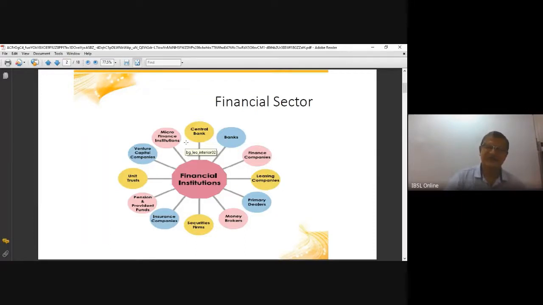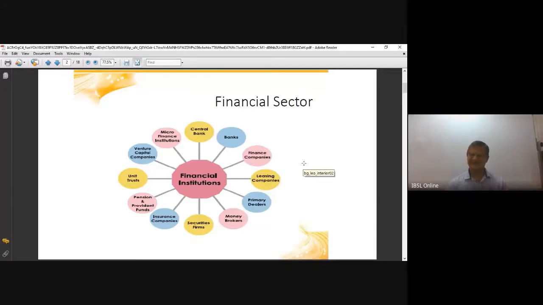So you can see the financial sector constitutes a large number of players, and they are regulated by the Central Bank of Sri Lanka. If you violate such regulations, we call it compliance risk.